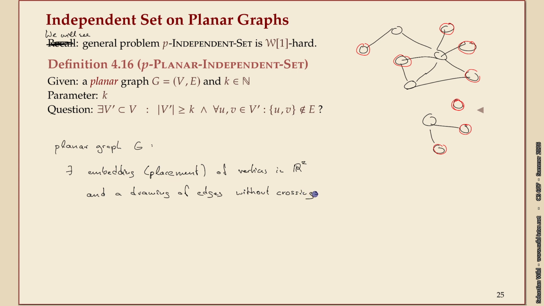Now, if you come up with examples, maybe it seems like every graph should be possible to be drawn like this. A famous example that is not planar is K3,3, the complete bipartite graph with 3 vertices on each side.